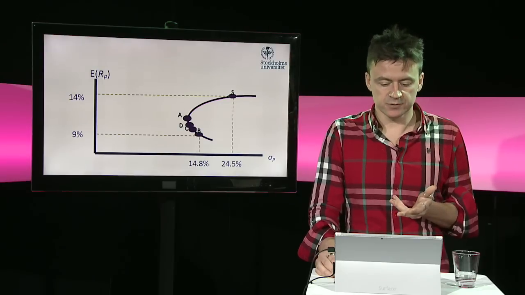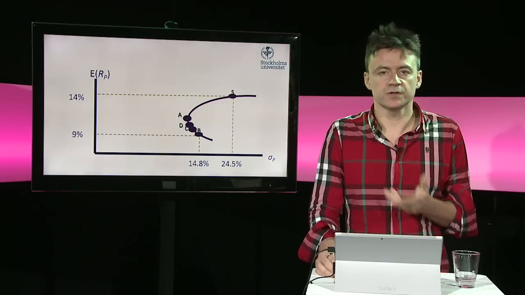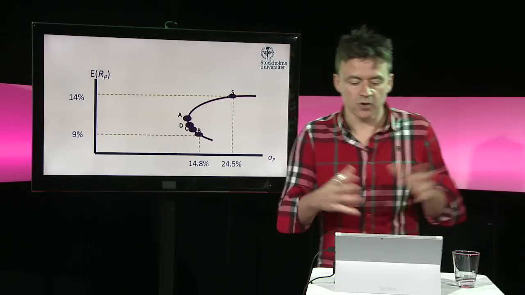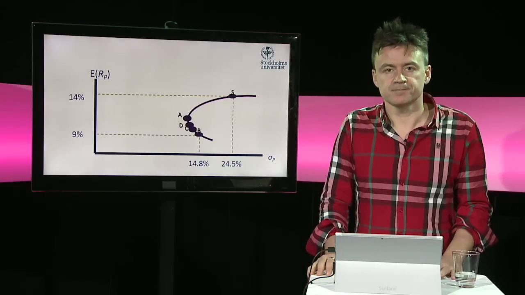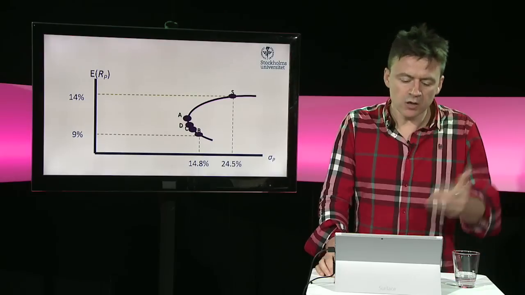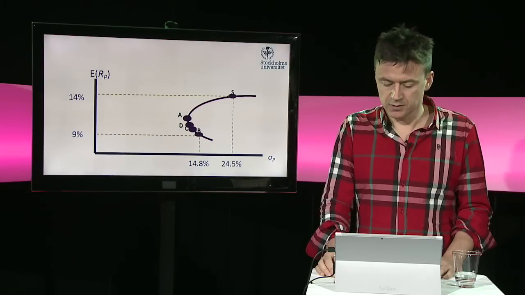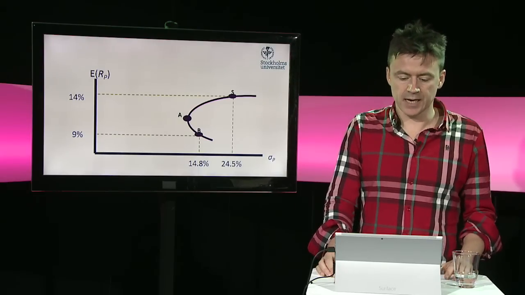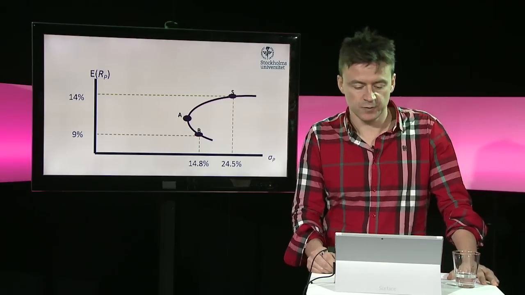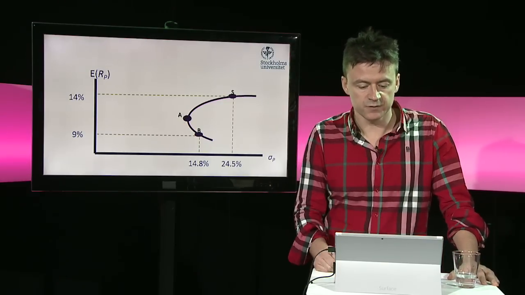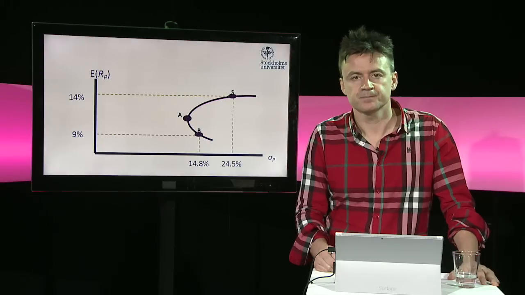No rational investor would prefer C over D. Or, in other words, all rational investors would prefer D over C. How long can we continue with this reasoning? Well, exactly up to A, up to the portfolio that has the lowest variance of all.